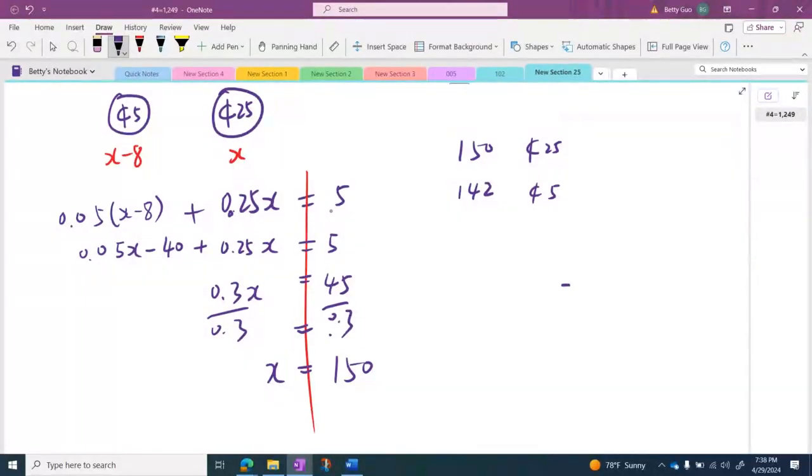Let me double check this time. Quarters, so 150 divided by 4, 0.25.